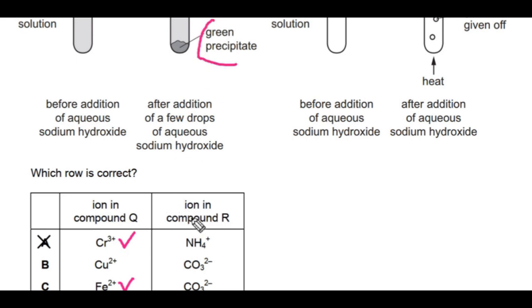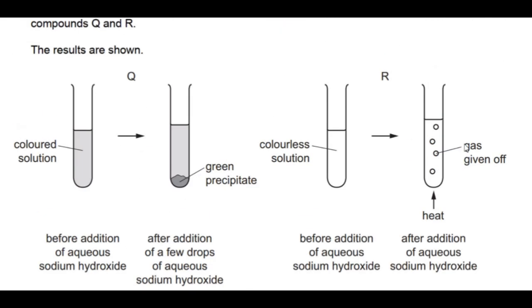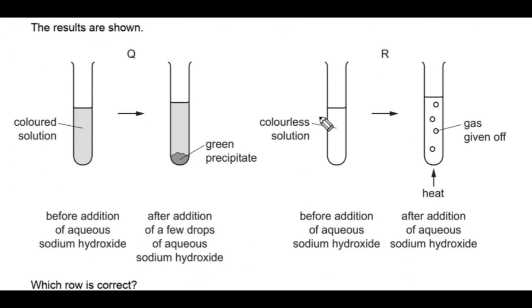Now you see the second part, the ion in compound R. This is the right answer, ammonium ion. Why? You see, the colorless solution has no color, so not a transition metal. Before addition of aqueous sodium hydroxide it is colorless, and after addition of aqueous sodium hydroxide, if you give heat, a gas is given off.